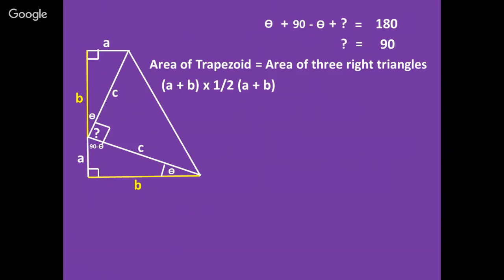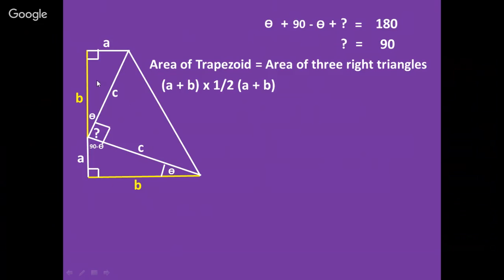Now let's come to these three right triangles. These two triangles have the same area. The area of this one triangle is half a into b.